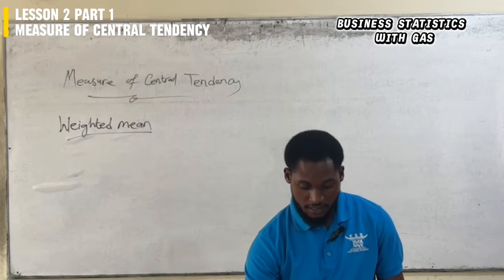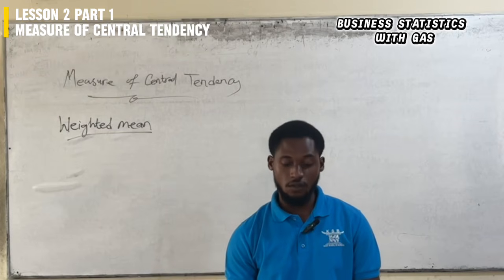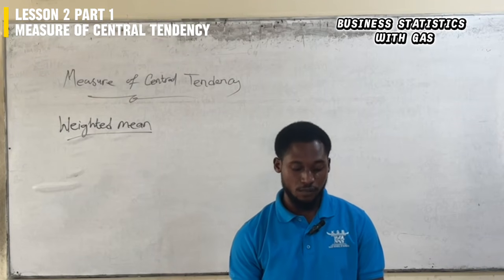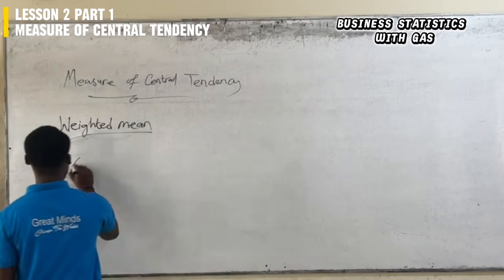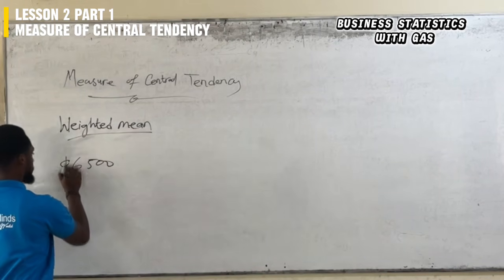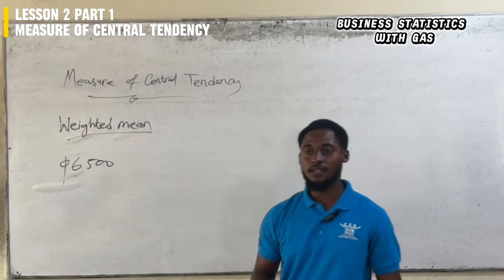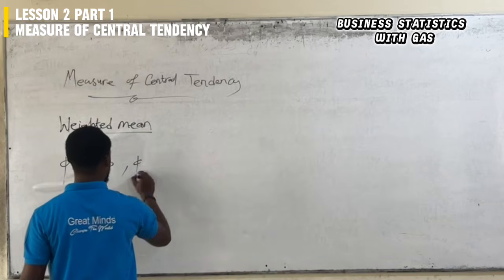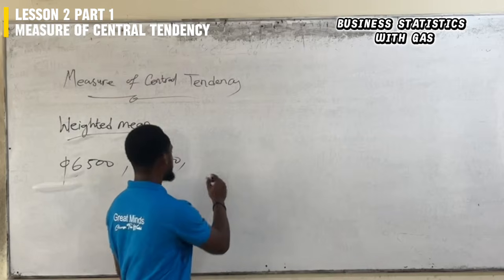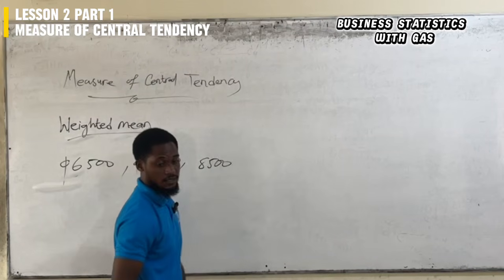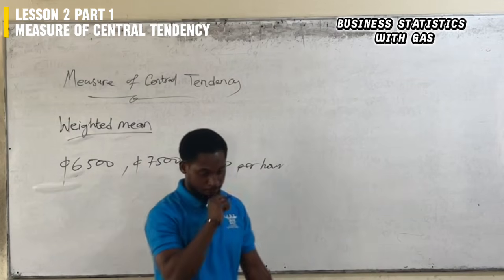So the first example under the weighted mean is the quality construction company. The quality construction company paid its hourly employees 6,500 Ghana cedis, 7,500 Ghana cedis, 8,500 Ghana cedis per hour.